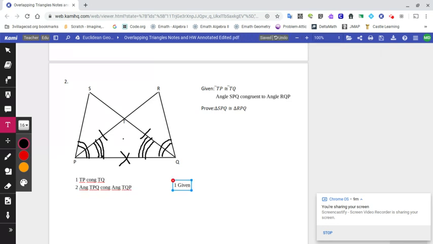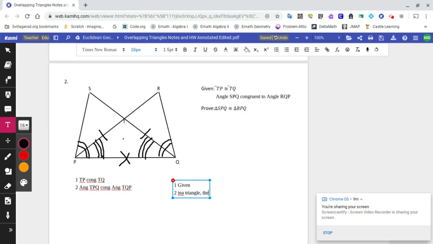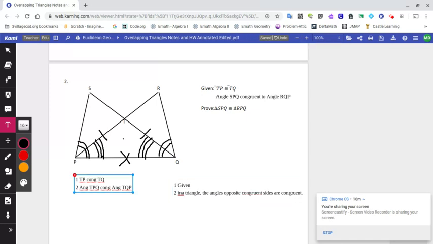Okay, that was 2 in a triangle. The angles opposite congruent sides are congruent. Okay, the angles opposite congruent sides are congruent. Okay, so now I've got that angle.